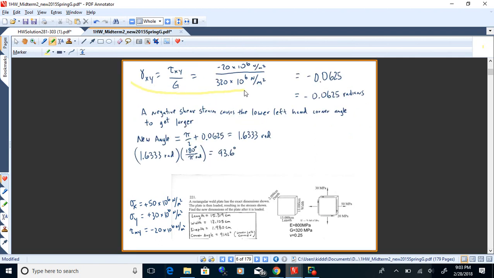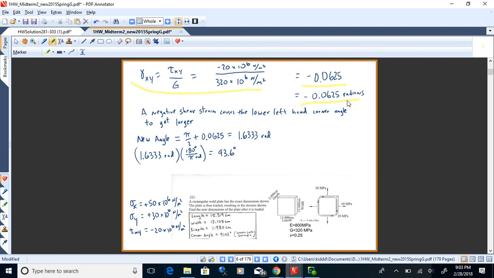The last one there is to find the shear strain. Take tau over G, I get negative 0.0625. So that means the original 90-degree angle in the lower left-hand corner has a strain of negative 0.0625 radians on it. That's the change in the angle.